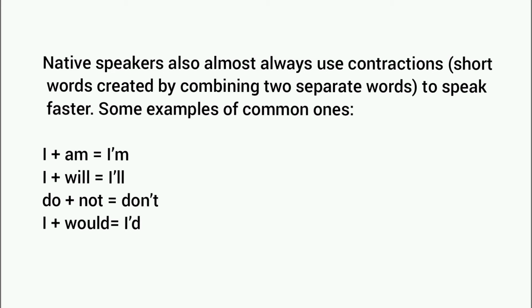Native speakers also almost always use contractions, short words created by combining two separate words to speak faster. Some examples of common ones: I plus am is equal to I'm, I plus will is equal to I'll, do plus not is equal to don't, I plus would is equal to I'd.